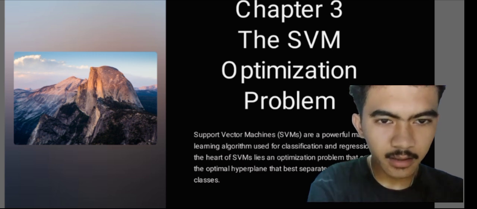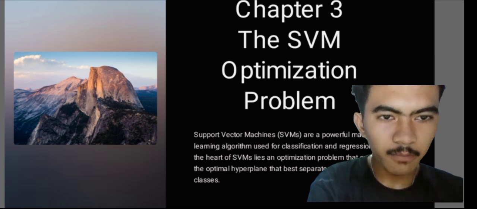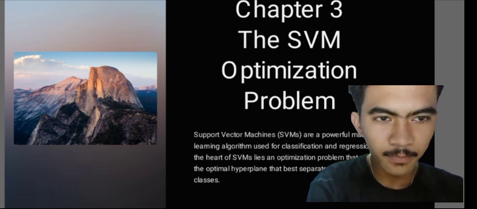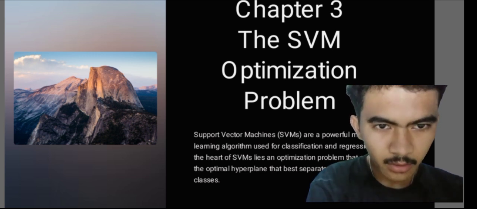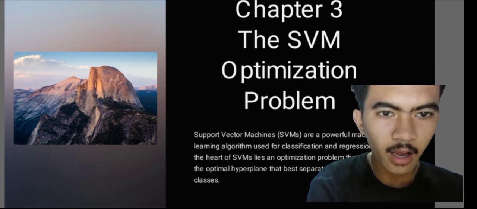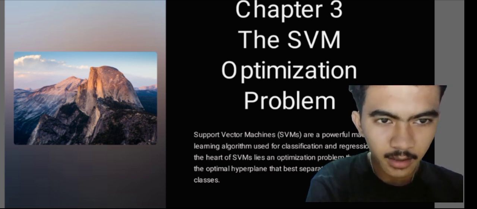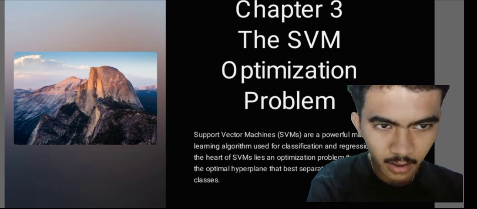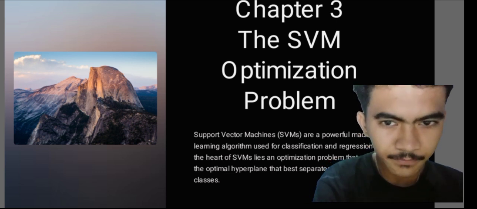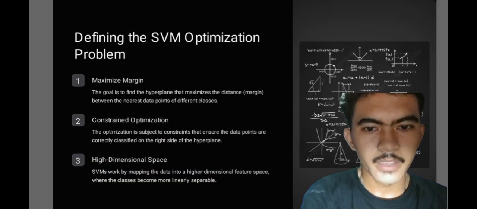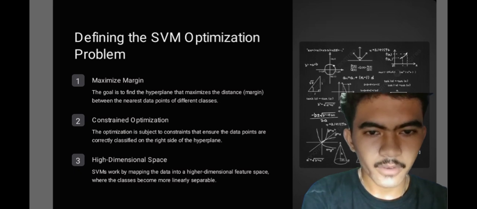At the heart of SVM lies an optimization problem that seeks to find the optimal hyperplane that best separates the data into their classes. Defining the SVM optimization problem.